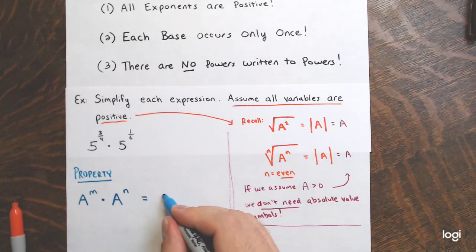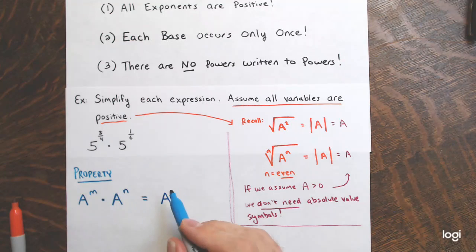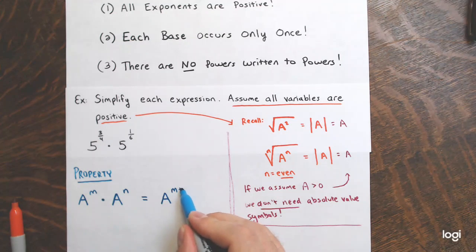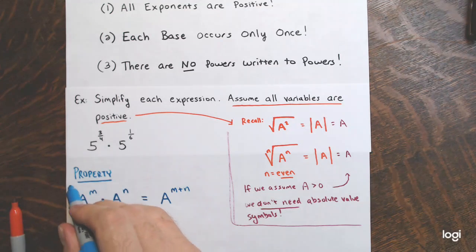Keep the base, and the new exponent is the sum of the previous exponents. So A to the mth multiplied by A to the nth, same base, keep the base A, add the exponents, the new exponent is m plus n.